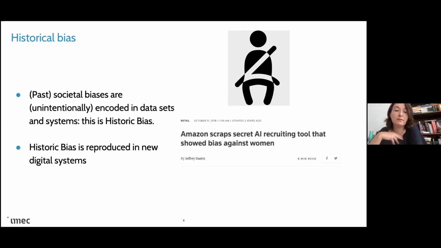And this ensured that currently, if you are in a car as a person of a non-standard shape, you are more likely to suffer injuries. And because the data sets are already gathered, historical bias is and can be reproduced in digital systems.